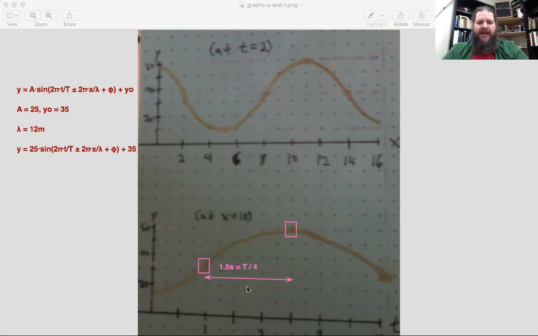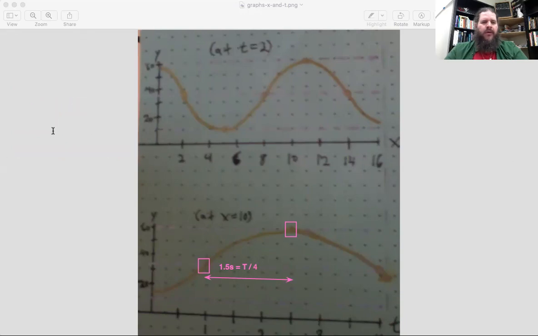And then the period would be how much? How would you isolate T here? It would be 6 seconds. Yeah, multiply by 4, you get 6 seconds. So the period should be 6 seconds.